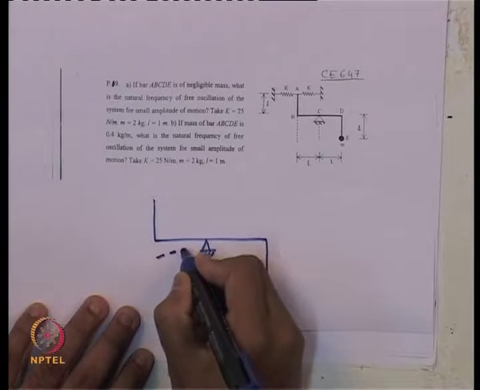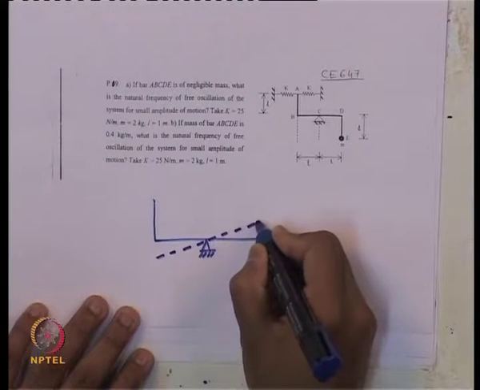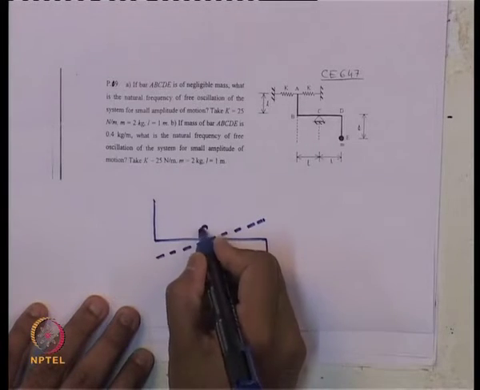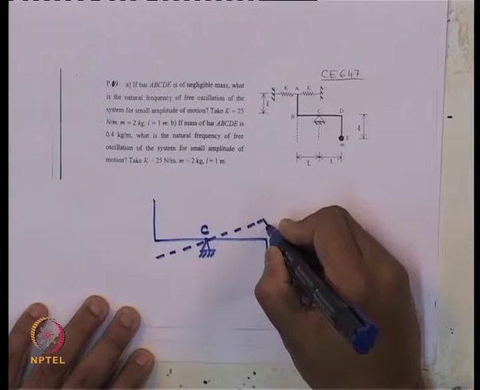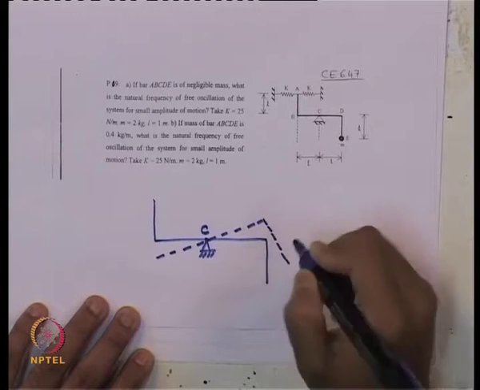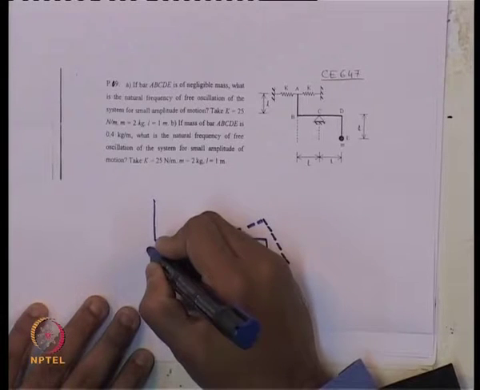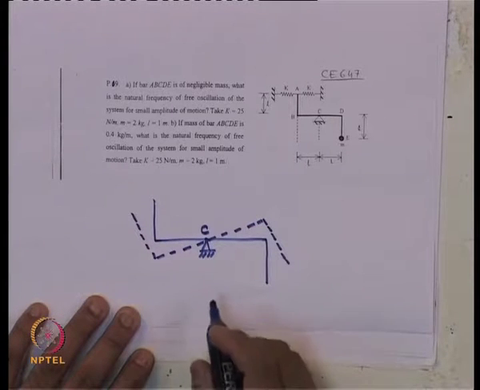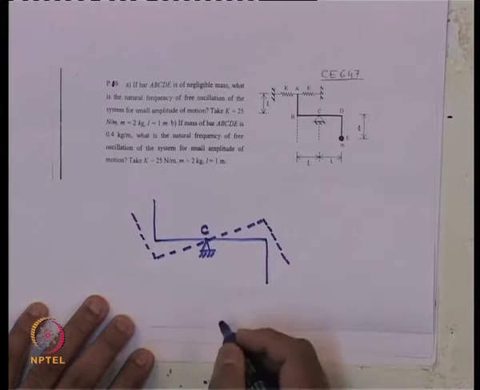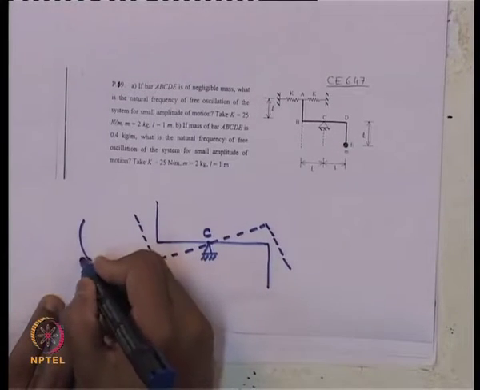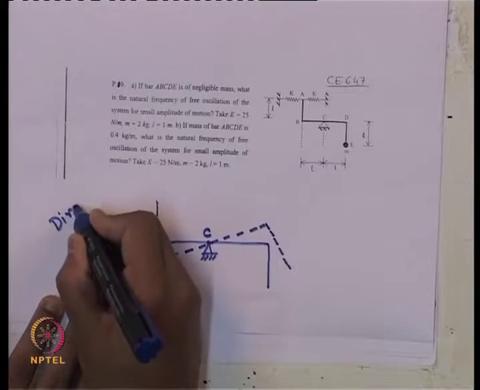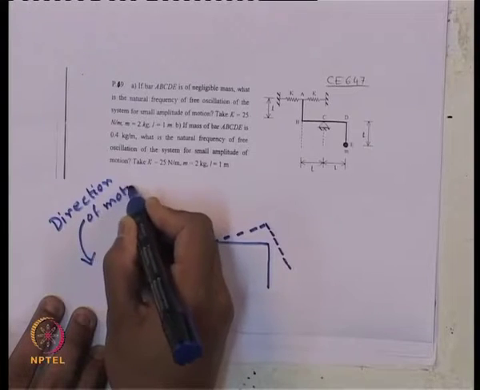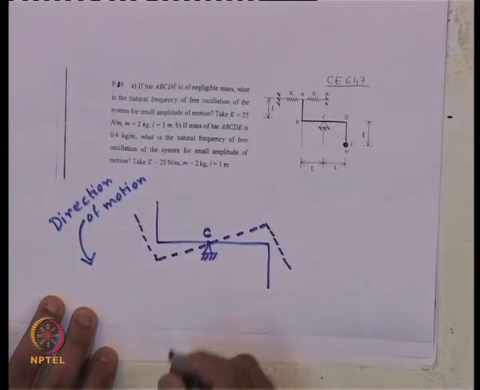Let us say that this is the small rotation we are providing about this hinge point, about this point C. So, this will be the displaced position after providing a small rotation. So, this is our direction of motion we have given to the system.